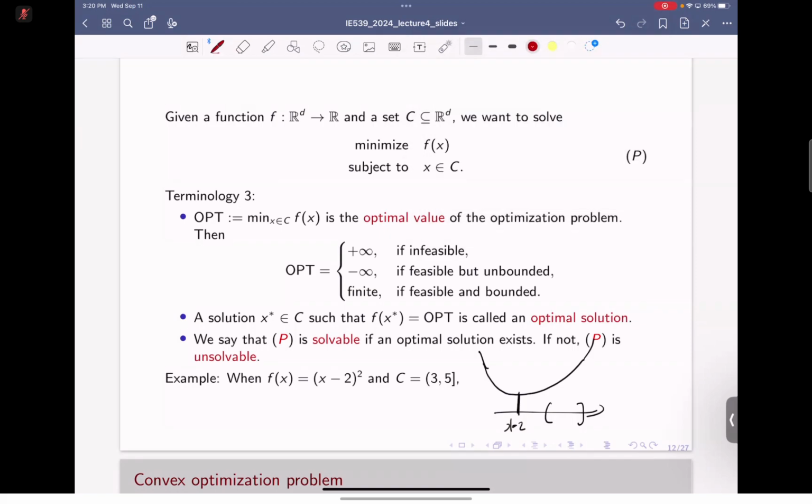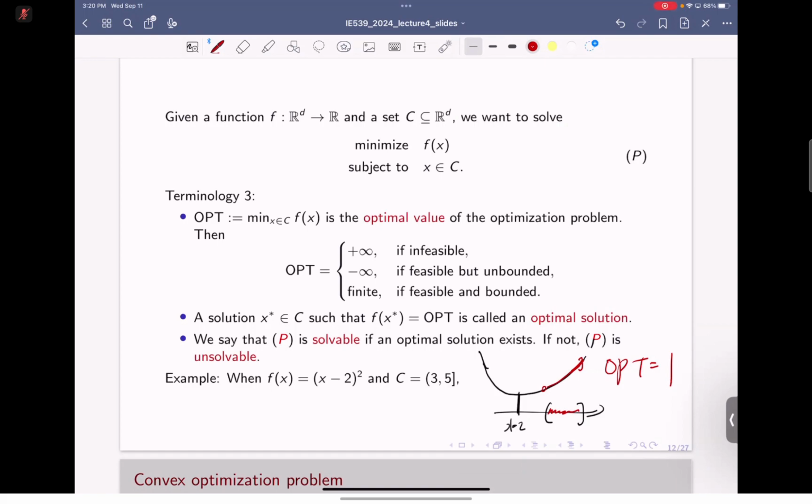So this is my feasible region, and you care about this part of your quadratic function. And this point x equals 3 seems to give you the optimal value. Well, that is actually the optimal value. So OPT is 1 when x equals 3. But the feasible region is open at x equals 3, so you don't get an optimal solution. The problem is unsolvable.